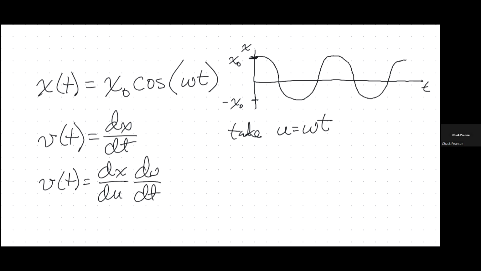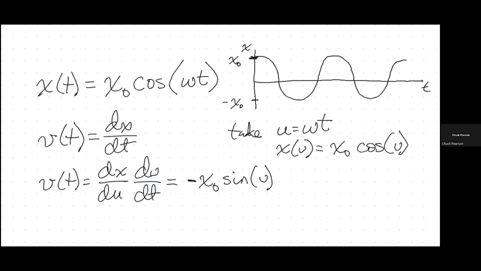That's a chain rule. And if we do that, then x of u is going to be equal to x naught times the cosine of u. Well, there's my negative sine function.